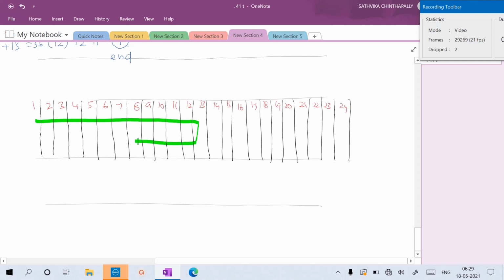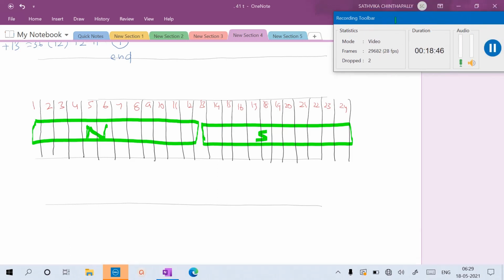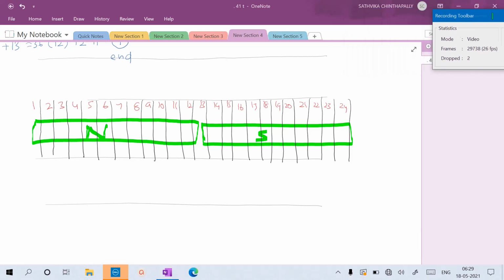For example, this is a north pole, then make it the south pole. North pole and south pole.